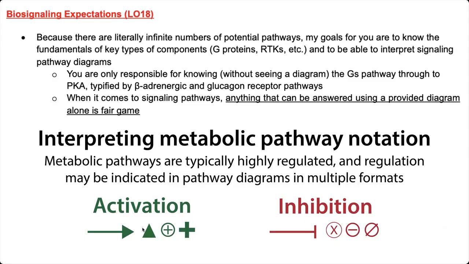You're going to see arrows, triangles, plus signs. For inhibition, you might see these sideways T's, X's, minus signs, these crossed-out zeros. I don't know what these symbols are called, but all of these could be signs of inhibition, and all of these could be signs of activation. And sometimes you're just going to have to put a little critical thinking into things.